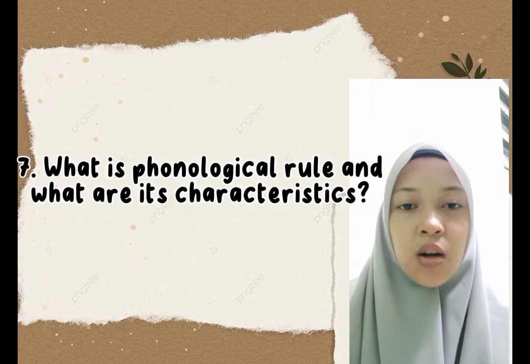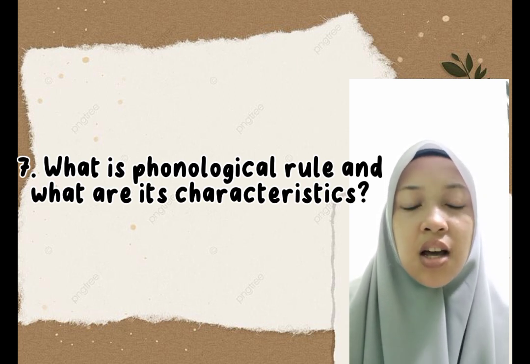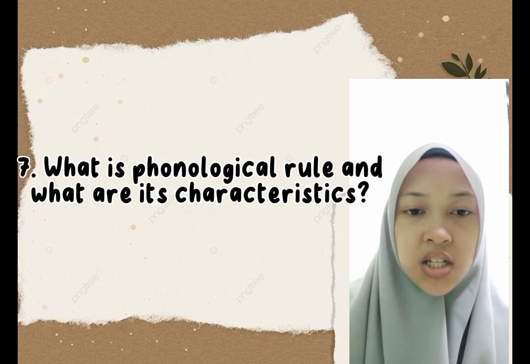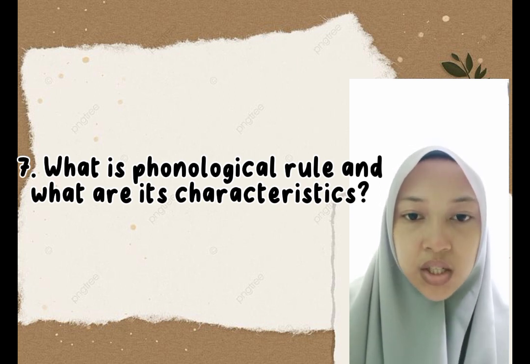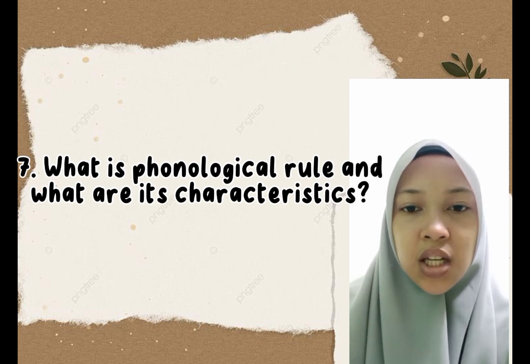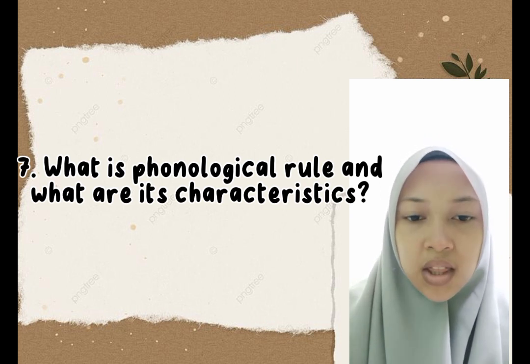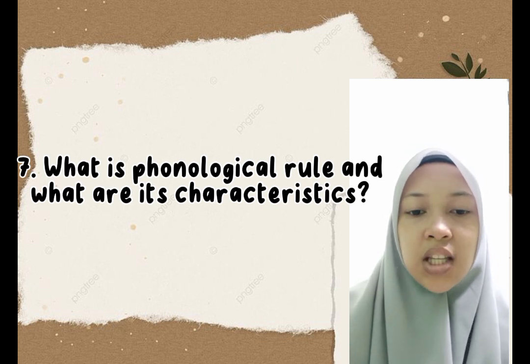Number 7. Phonological rules are a set of rules or patterns that govern the pronunciation of sounds in a language. These rules dictate how phonemes, distinctive sound units, should be pronounced in different contexts and under various conditions within a specific language.